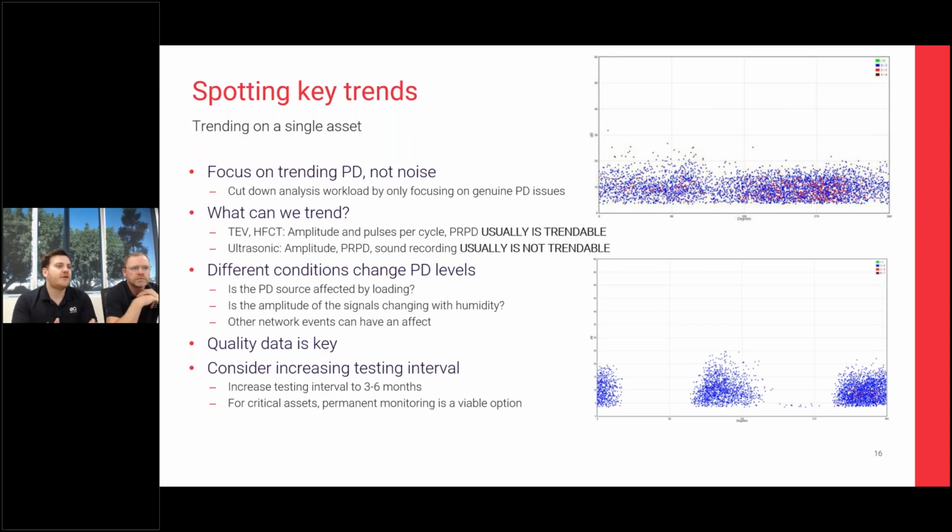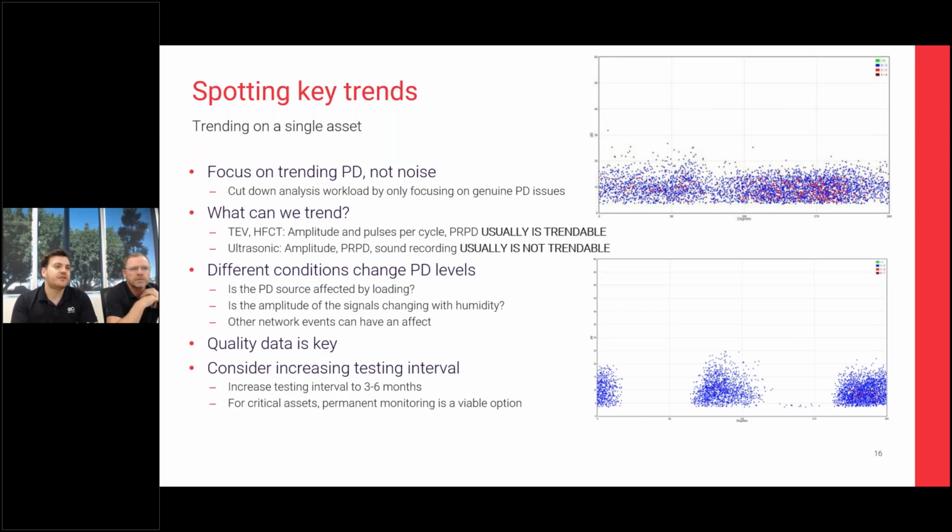So once you have identified something as a genuine PD source, what can we trend? For TEV signals and the HFCT signals, there are very trendable things. Usually things like amplitude and your pulses per cycle are trendable, and you can keep an eye on it and it should increase in amplitude as it moves towards failure.